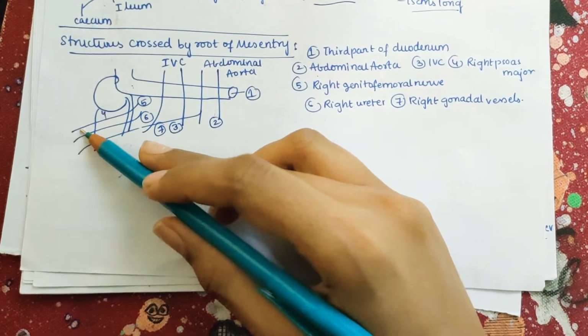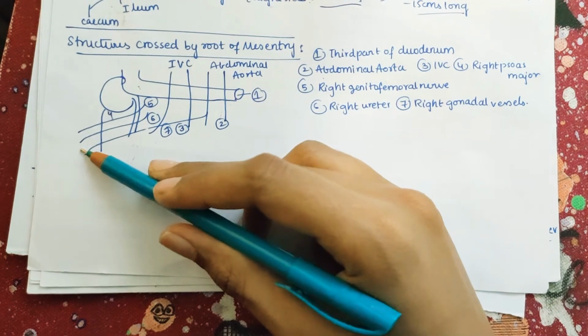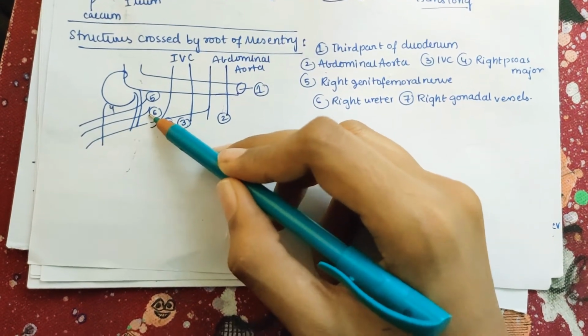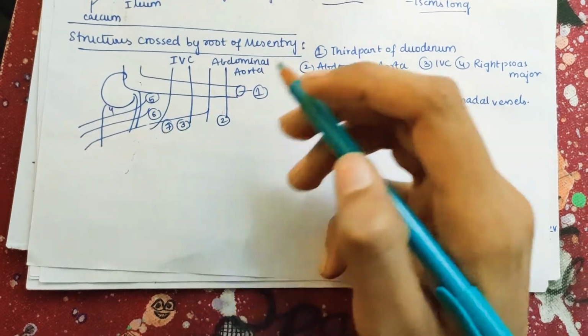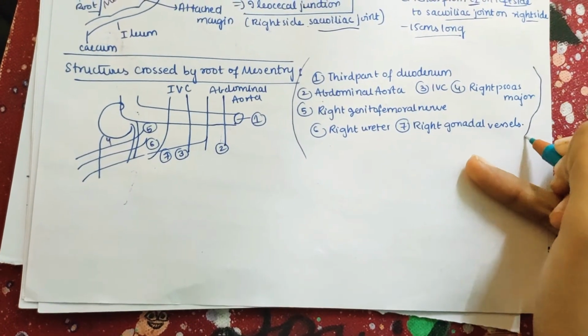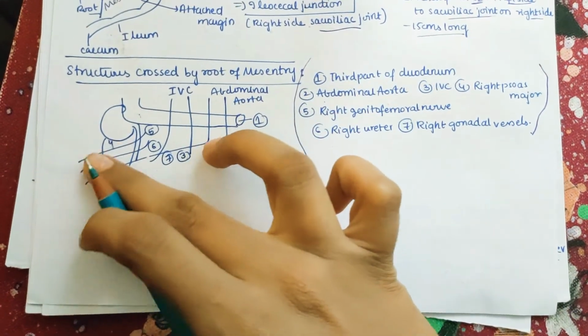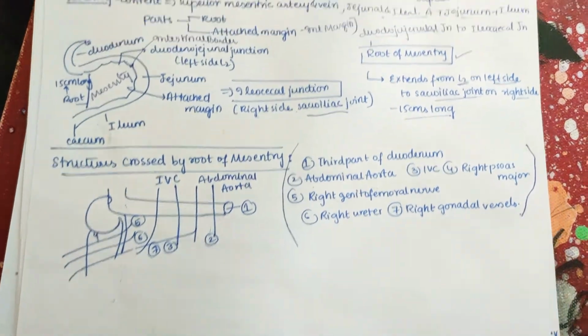Next you have the right genitofemoral nerve. Next comes the right ureter, and the seventh one is the right gonadal vessels. So you need to remember all these structures. All these structures are crossing the root of the mesentery. So by this we have completed this chapter.